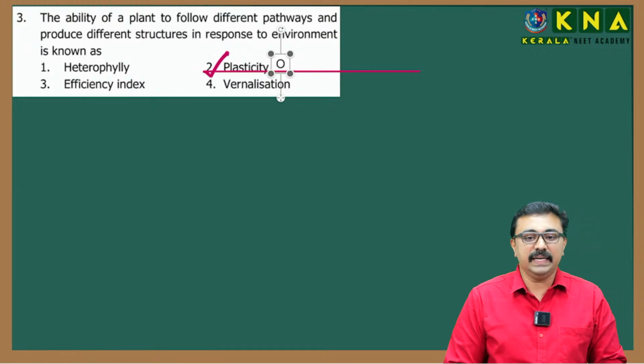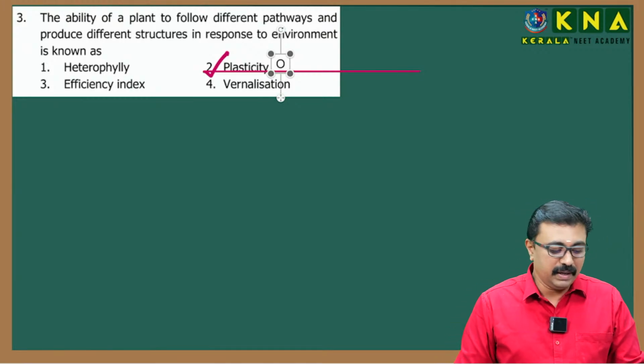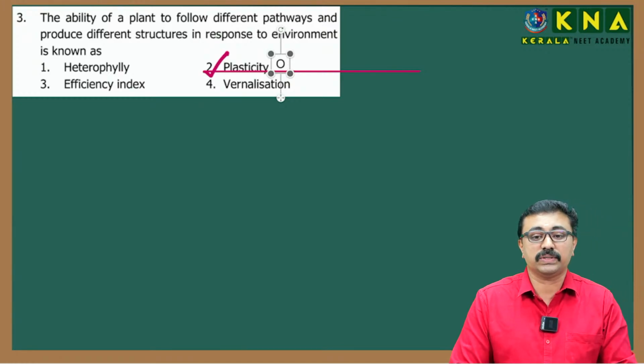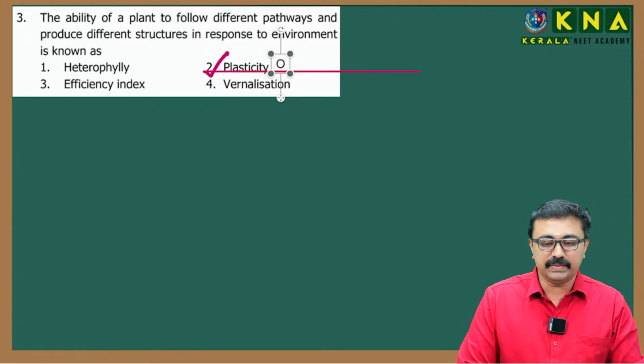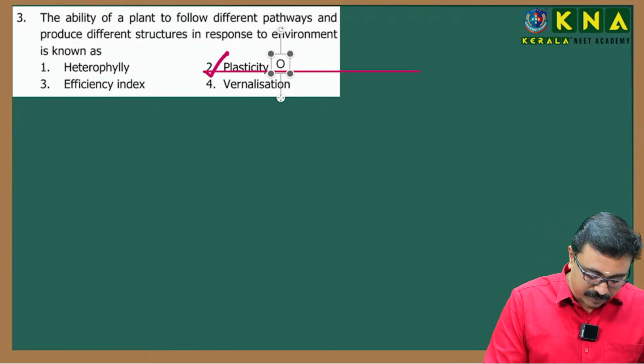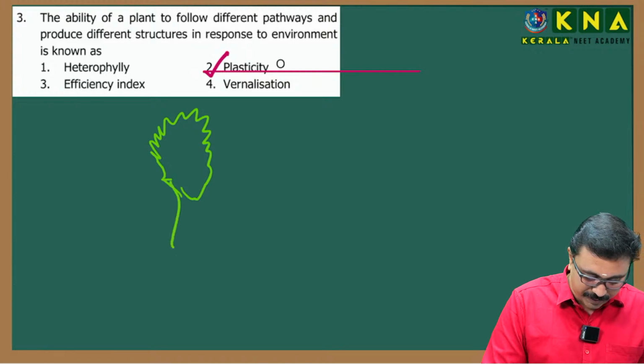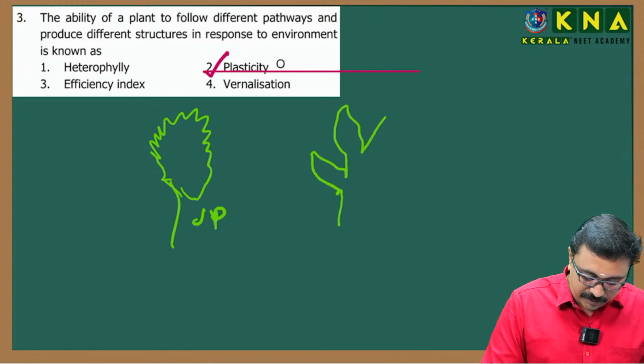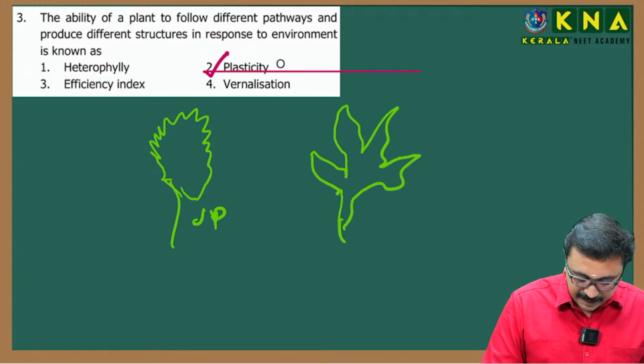So in NCERT, they have given two examples, larkspur and buttercup. Both these plants show two different types of leaves. So in the case of larkspur, we all know that this is the juvenile phase leaf, and when we look at the adult phase, the leaf pattern is entirely different.